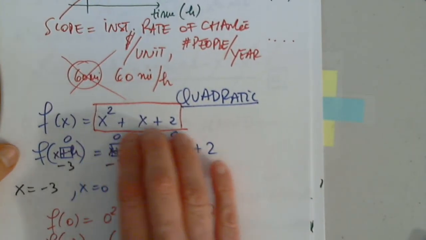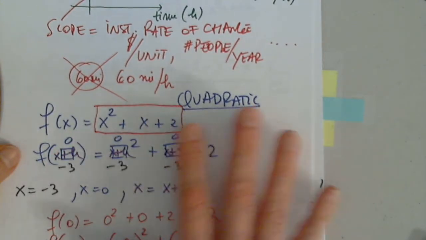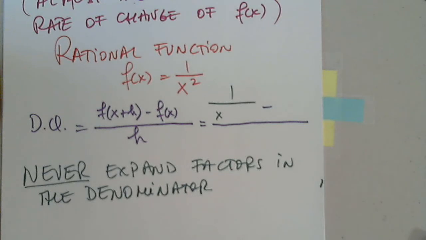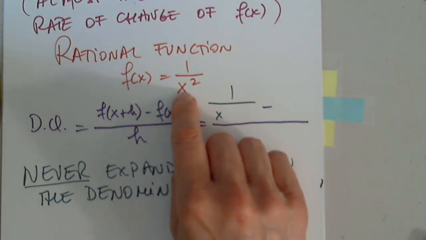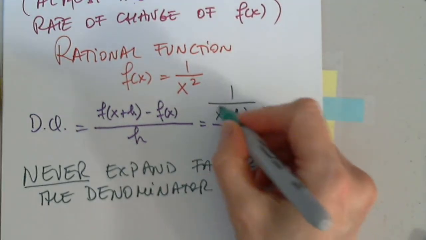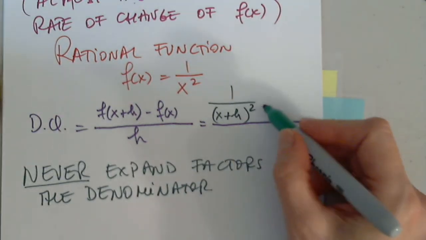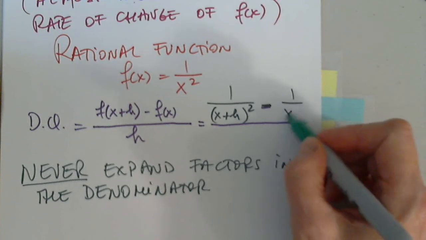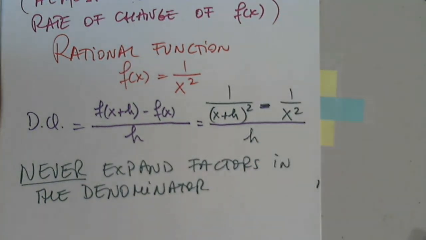We have no choice but to expand everything when we plug in x plus h. But here, this is the denominator. We never expand the factors in the denominator. Okay, so 1 over x plus h squared. Great job. And then minus 1 over x squared. Excellent. Dividing by h. Great job.